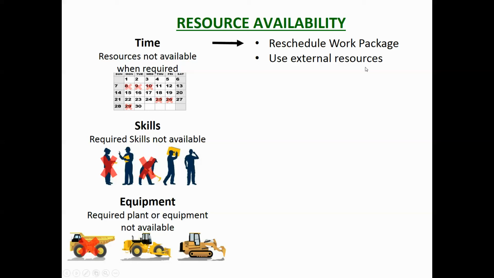So if you can't get a piece of plant that you want in a particular time, you could reschedule the work so that the work package where that piece of equipment is required is done later or earlier to fit with when the piece of equipment is available. Or you can use external resources. You can procure the resources. So you could go and hire that piece of equipment off someone else at the time that you'd require it.